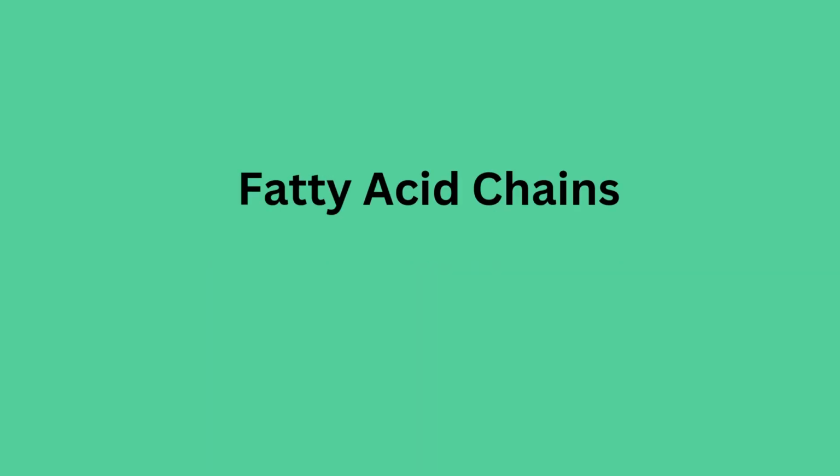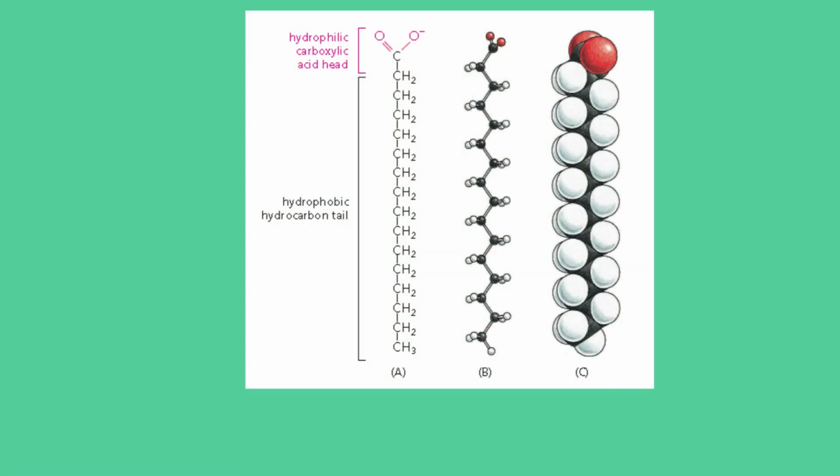Next, let's look at the fatty acid. Fatty acid is an important component of lipid which is present in living cells, and it is the main component of plants, animals, and microorganisms. Generally, fatty acid consists of a straight chain of hydrocarbon attached to one carboxyl group at the other end.